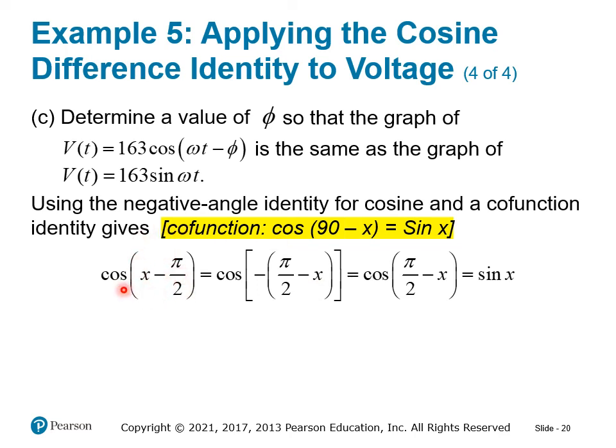So notice here we can have the cosine of an angle minus 90 will equal sine of that angle. And notice that's the setup we have here. 163 times the cosine of an angle minus another angle equals 163 sine of that first angle. So here it shows that phi must be equal to pi over 2.